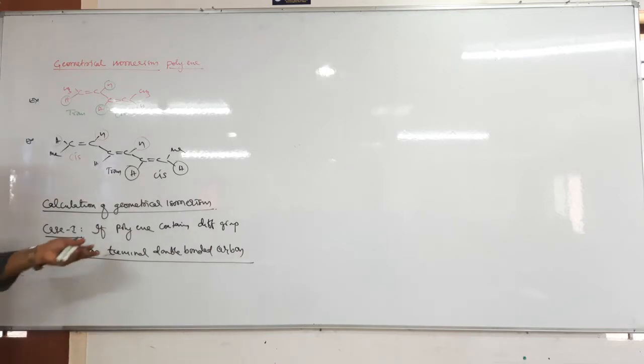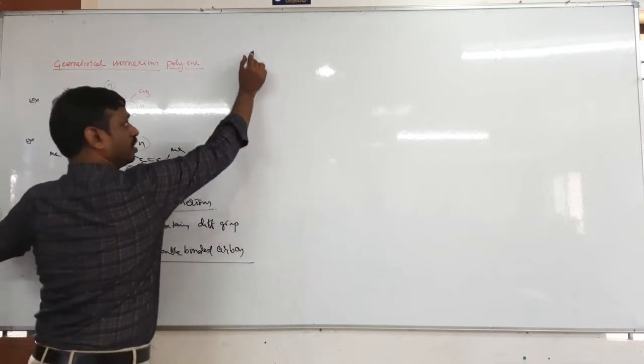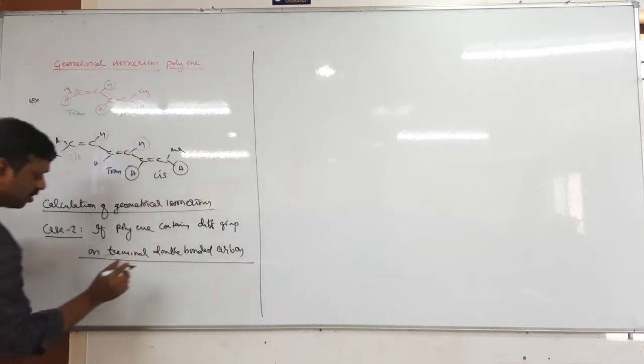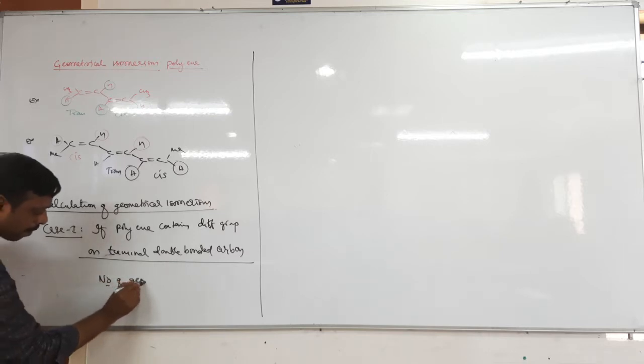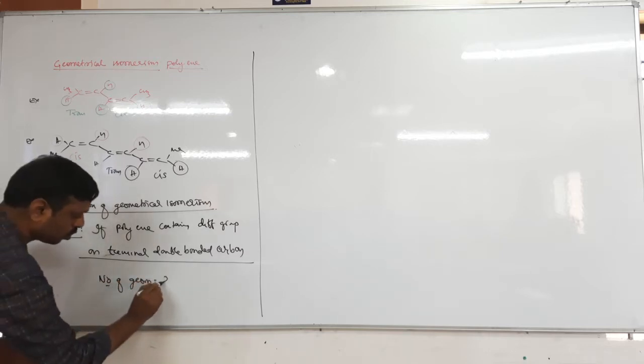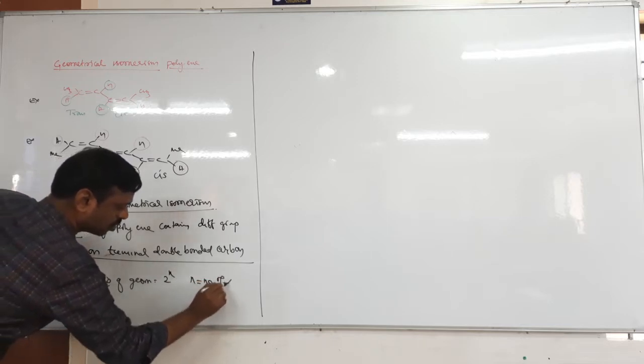If the polyene contains different groups on the terminal double bonded carbon atom, then how do you calculate the number of geometrical isomers? The formula is: number of geometrical isomers equals 2 to the power n, where n equals the number of pi bonds.